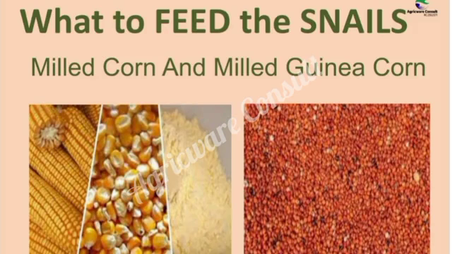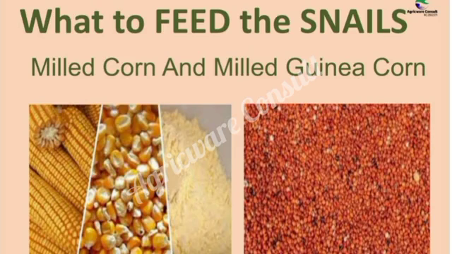Milled corn or milled guinea corn can as well be presented to your snails. The only thing is, when you are presenting it, you must have milled it. If it is corn, guinea corn, millet, any form of grain that you want to present to your snail, you must mill it to powder form.